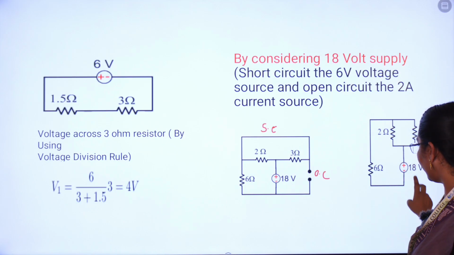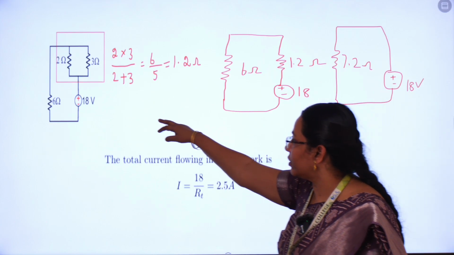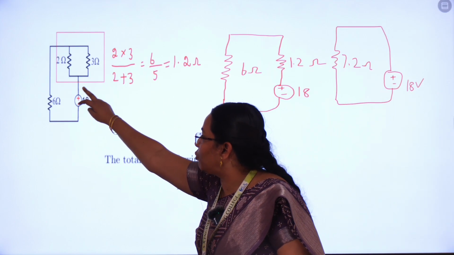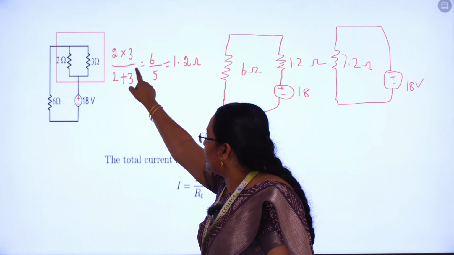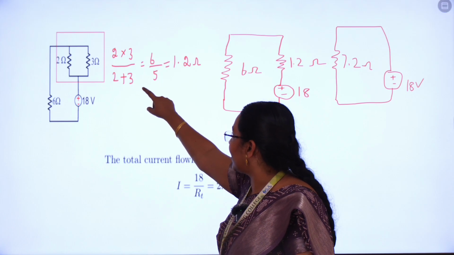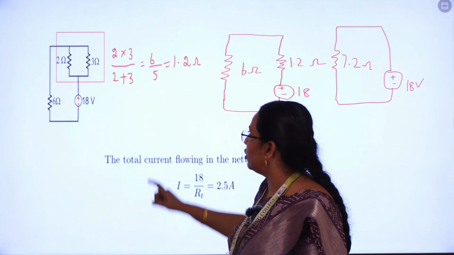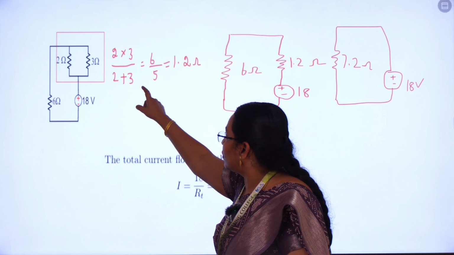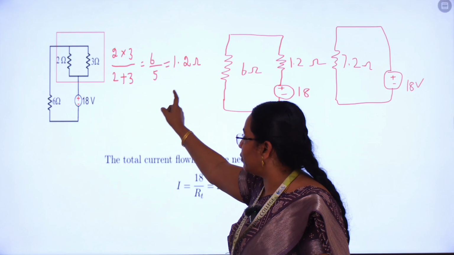So this is the 18 volt source. Now the 2 ohm as well as 3 ohm are connected in parallel. By the parallel formula, 2 into 3 divided by 2 plus 3, which we already derived in the last case. So we get 1.2 ohm. 2 into 3 divided by 2 plus 3 is 6 by 5, equal to 1.2.